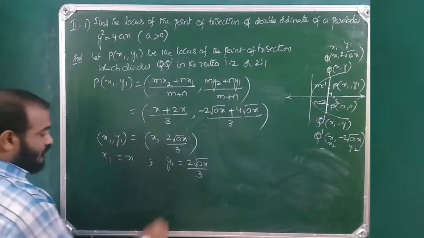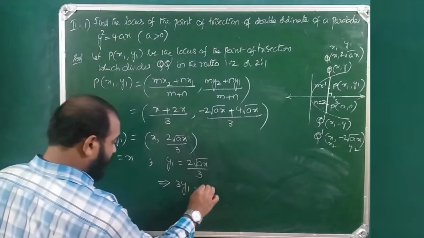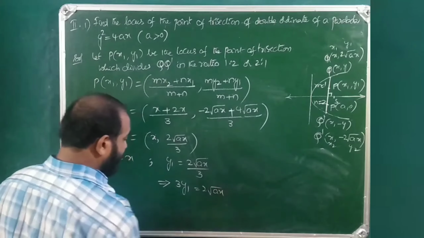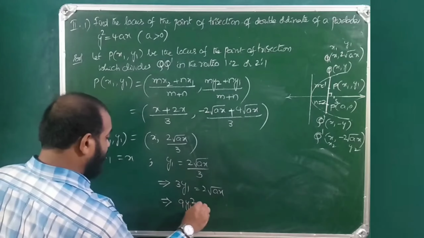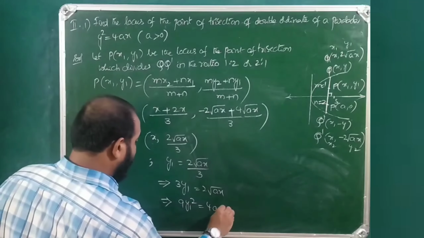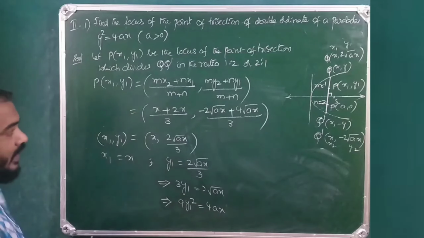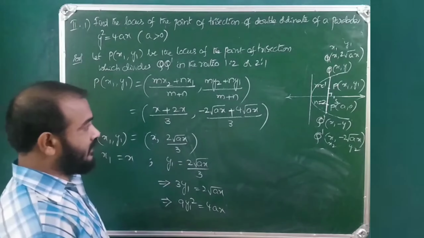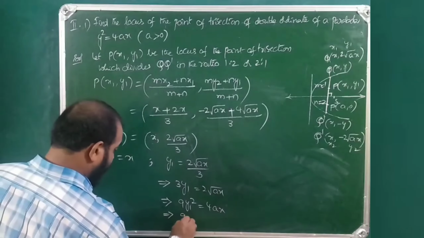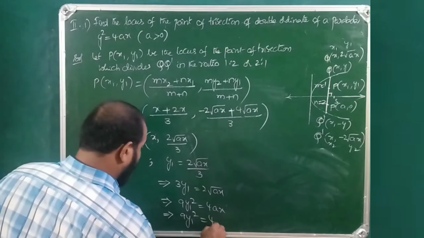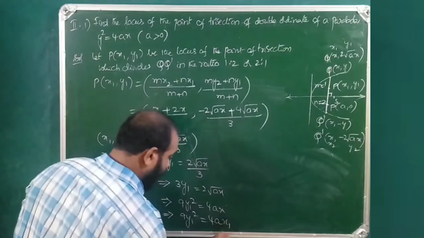So by cross multiplication, 3y1 equals 2 root ax. Squaring on both sides, 9y1 square equals 4ax, where x equals x1.